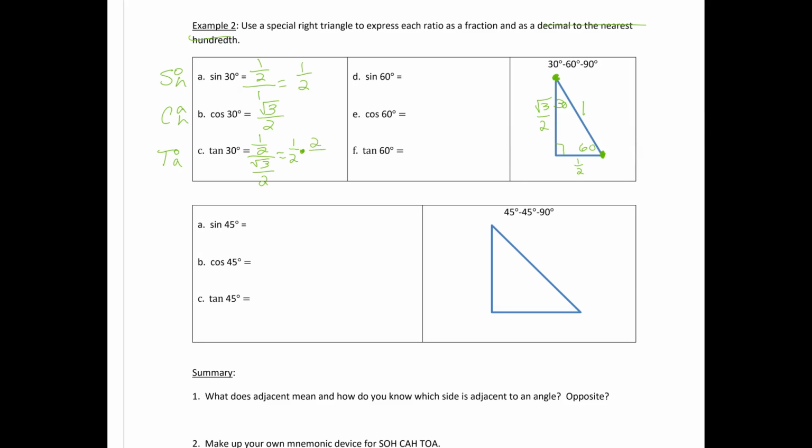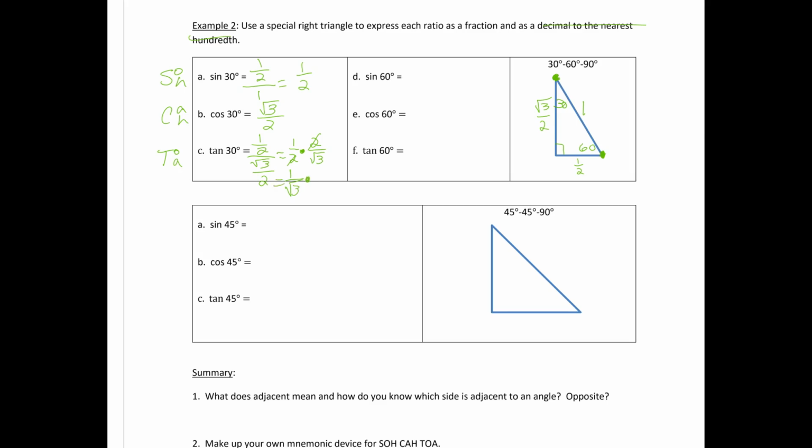So I would have 2 in the numerator and the square root of 3 in the denominator. My 2's would cancel out, and I would have 1 divided by the square root of 3. So all of this is equal to 1 divided by the square root of 3.